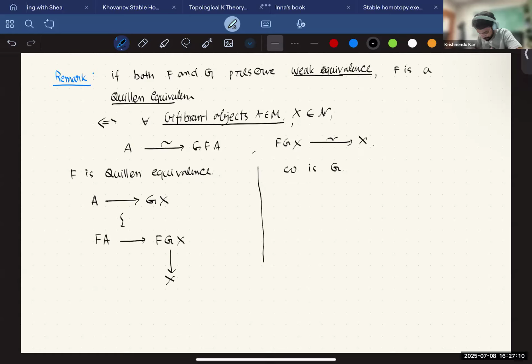F of G of X to X. That will induce a map from F of A to X.